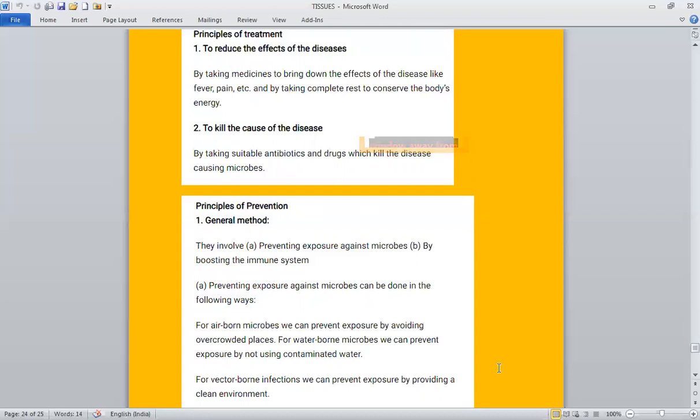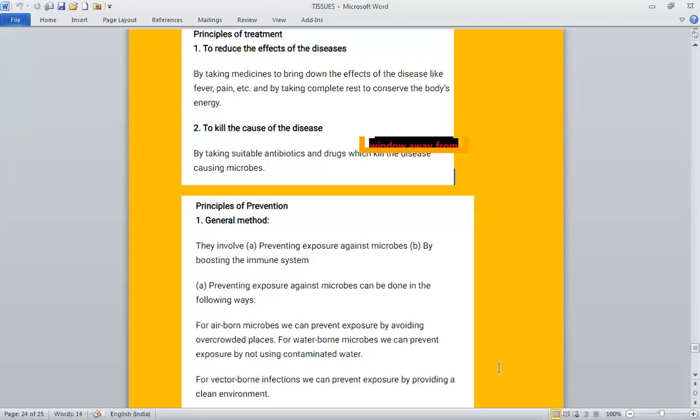Why? Because virus do not have any cellular machinery. They have very few biochemical reactions of their own, and to target these reactions is a very difficult task. And due to this limitation only, we have a very small number of antiviral drugs.